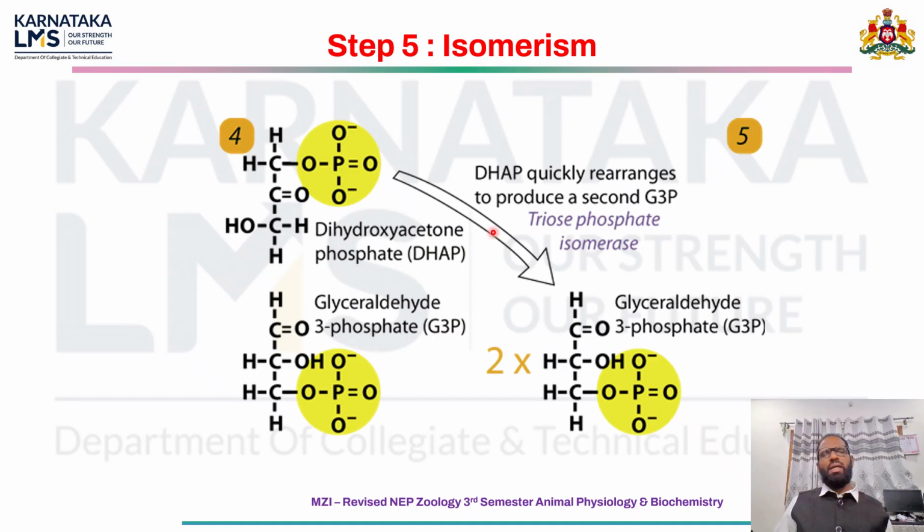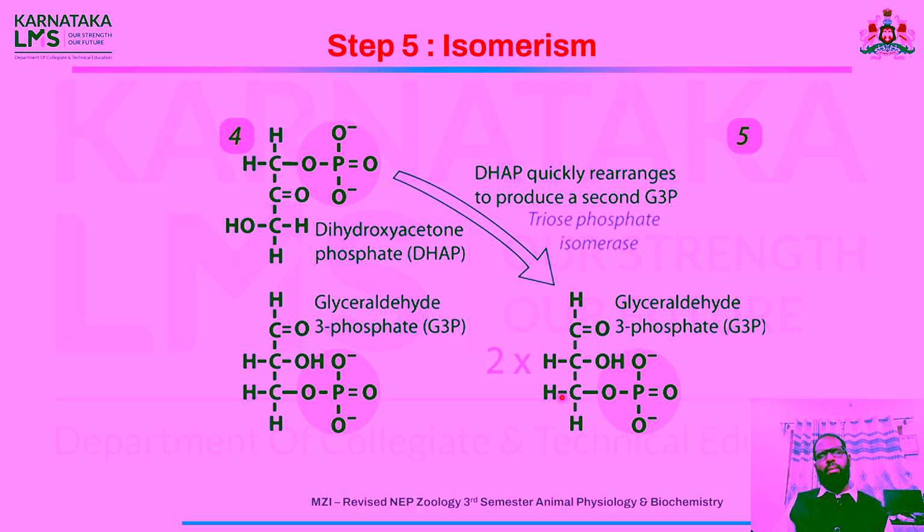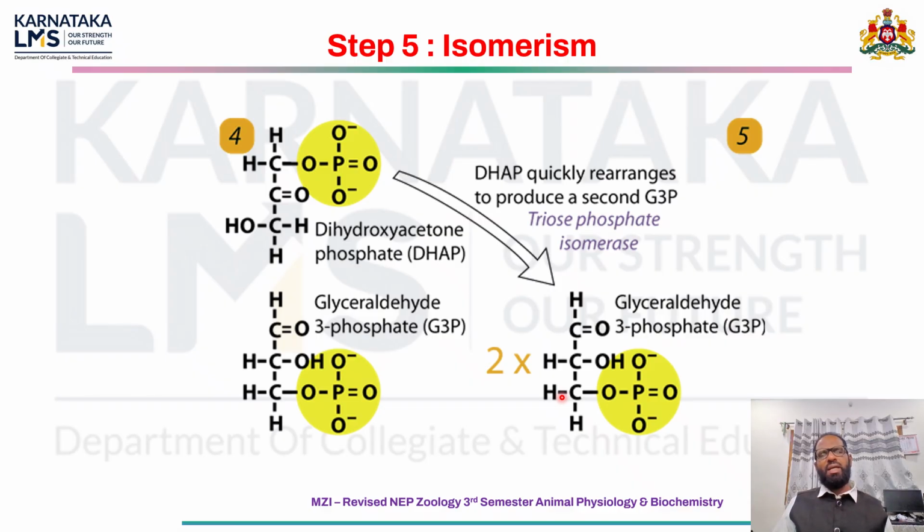This dihydroxyacetone phosphate can be converted into glyceraldehyde 3-phosphate. That's why one molecule of glucose is responsible for the generation of two molecules of glyceraldehyde 3-phosphate, and henceforth all the intermediates will be 2 in number.